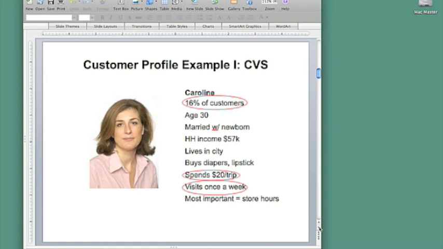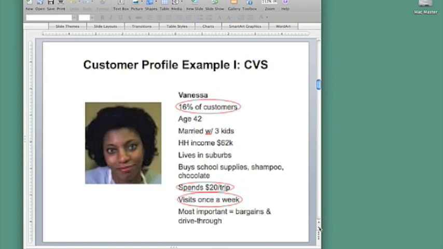So 52 weeks times $20 gives you an estimate for how much each person in this 16% group would spend at CVS. They knew that from Vanessa, another 16% of their customers, they would have a once-a-week visit, 52 weeks, times $20 a trip, and now they've got an estimate for each person in that next 16%.